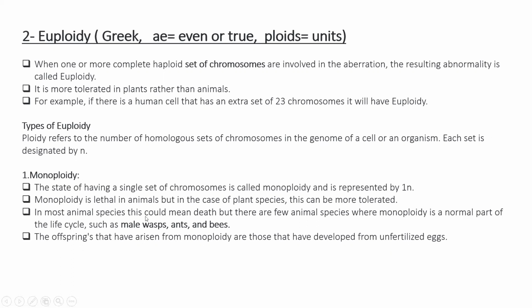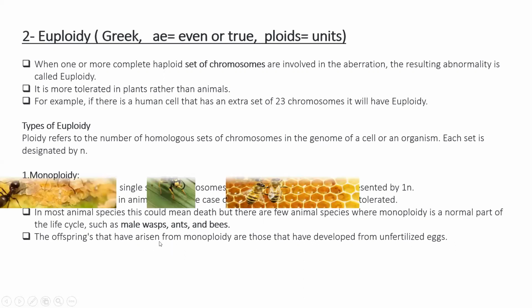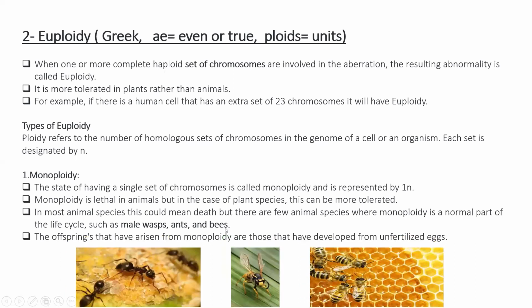In most animal species this could mean death, but there are a few animal species where monoploidy is a normal part of the life cycle, such as male wasps, ants, and bees. So in this case you can observe monoploidy. The offspring that arise from monoploidy are those that have developed from an unfertilized egg.